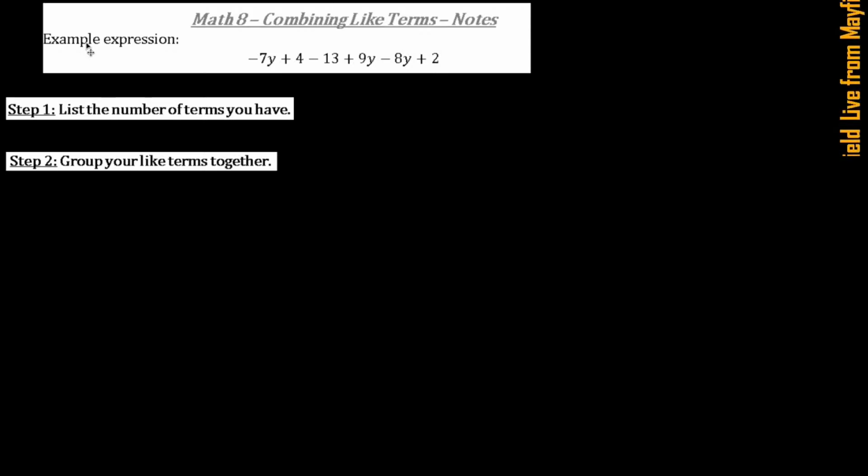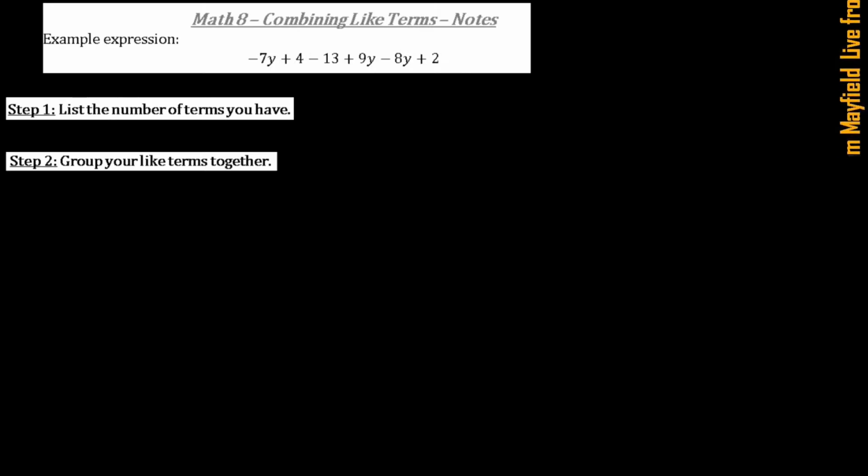Alright, so given an example expression, you have negative 7y plus 4 minus 13 plus 9y minus 8y plus 2. So a lot of stuff going on. You want to first list how many terms we have. And again, use that vocab sheet I gave you to get yourself familiarized with these different terms and lingo.